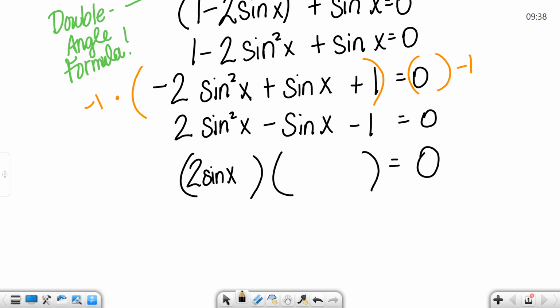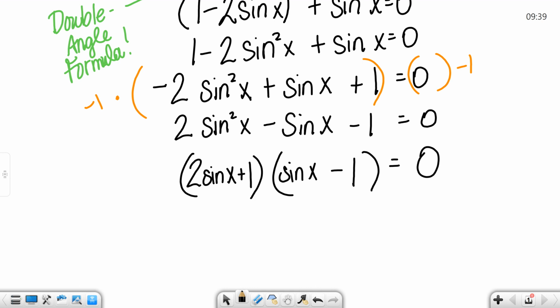All right, so 2 sine of x times the sine of x will give me 2 sine squared x. And this time, when I multiply, I should get -1. So one of these has to be positive and one of them has to be negative. You do have to decide which one because your middle term should give you a negative sine x.